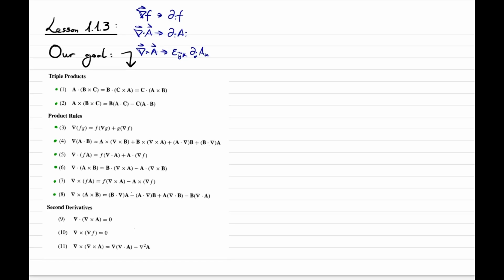Okay, so let's finish with number 11, and we are given that the curl of the curl of a vector is the gradient of the divergence of the vector minus the Laplacian of that very same vector. So we may translate this into index notation, and we have epsilon ijk. In the second slot we have the del with a j, and in the third slot we have this vector, which is the curl of a.